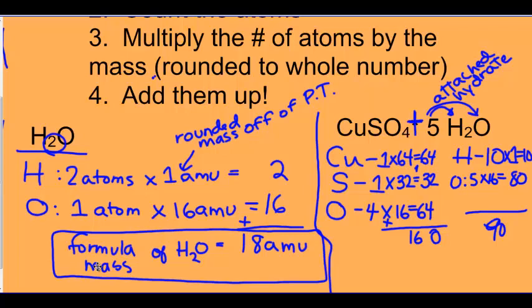So now you add together the 80 and the 10, and that gives you 90. So when the mass of copper sulfate is 160, the mass of the 5 waters is 90. So if you want the mass of the whole compound, you add them together. 160 plus 90 gives you a total formula mass of 250 AMUs. Okay? Atomic mass units.